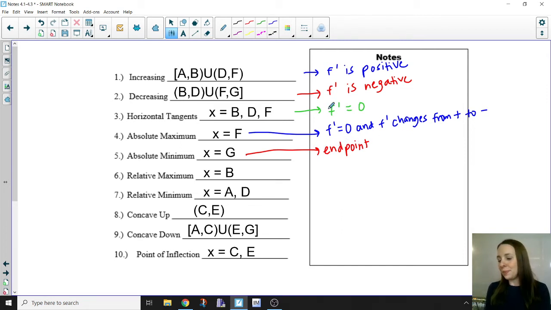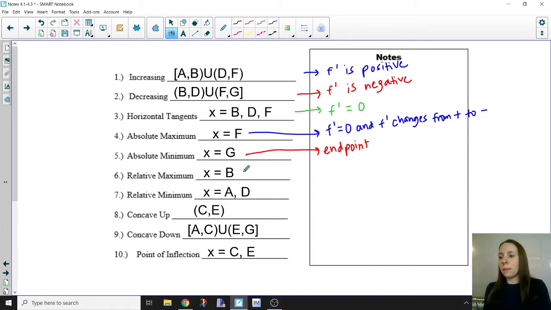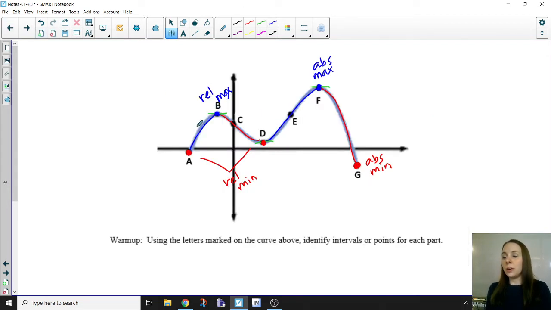All right, next, let's move on to the relative max, which was x equals b. I want you to notice something again about this one. It is, again, one of our horizontal tangents, right? And it was, again, a place where the graph was increasing to that point and then decreasing.